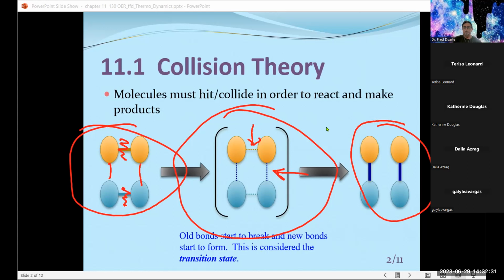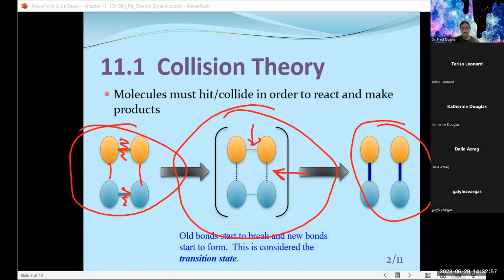So it takes a certain amount of energy to get to that transition state. We think of it as going on top of a hill, and once you reach the top of the hill, which requires an X amount of energy, then you get the product. So it takes a specific amount of energy to get to the transition state.